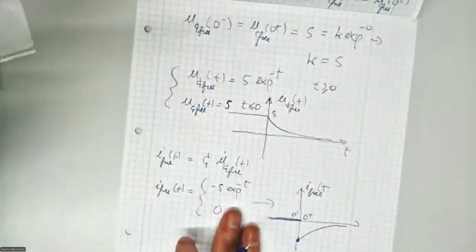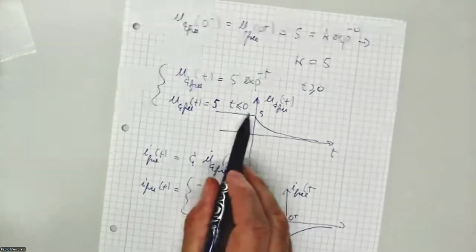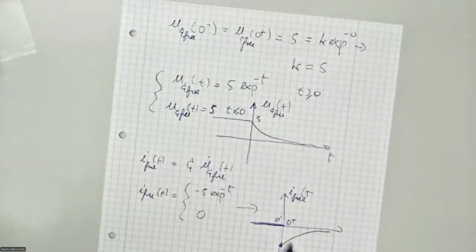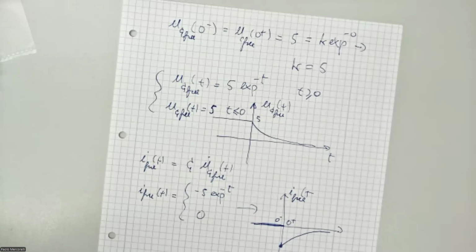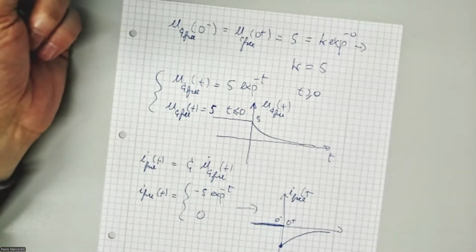The state is continuous, but not the current. The current is not the state. I hope this is quite clear.